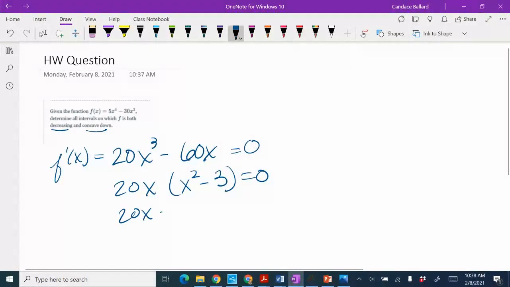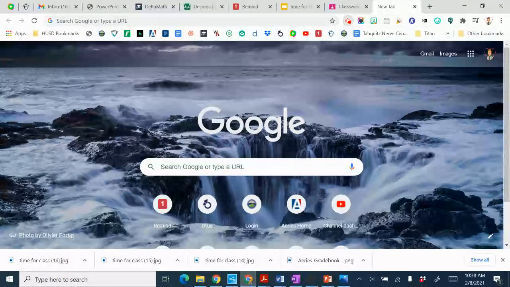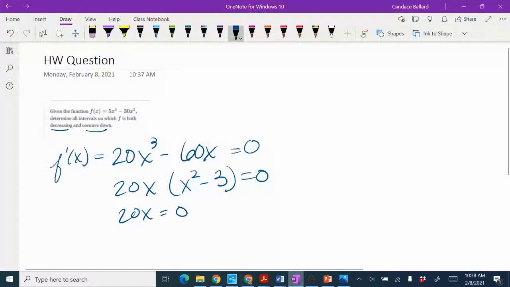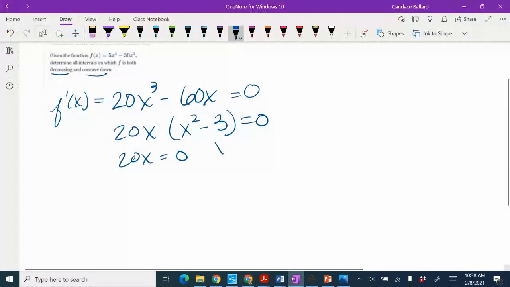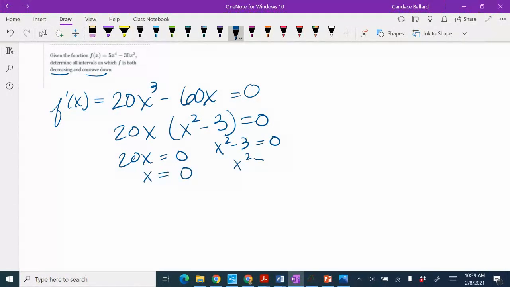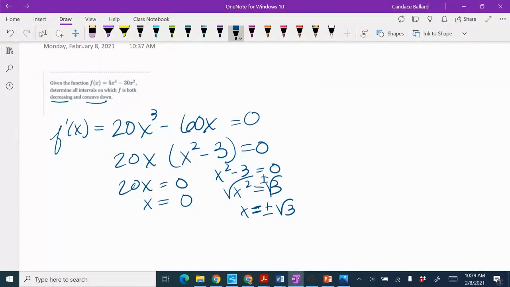So I'm going to set both of those equal to 0. Setting 20x equal to 0 produces x equals 0. The x squared minus 3 equals 0 gives x squared equals 3. When I take the square root, I get x equals plus or minus the square root of 3. So I know that some of my critical numbers are these right here.